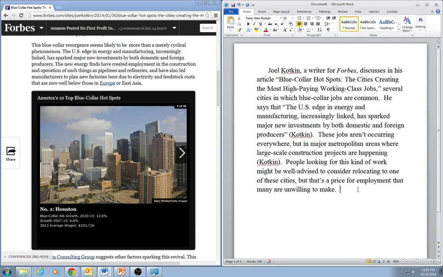Now, because that sentence is more of my own ideas here, it's on topic, but these are my thoughts here. This is something that I do not need to cite.